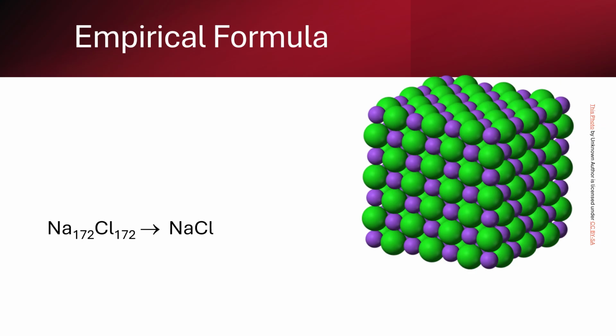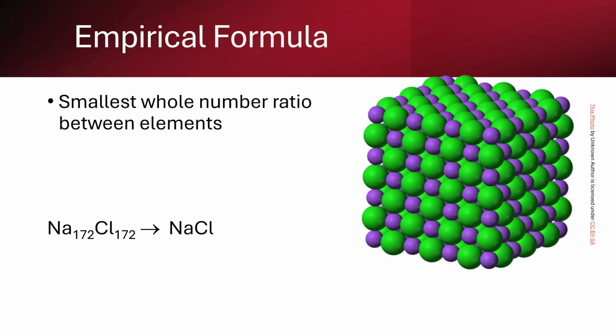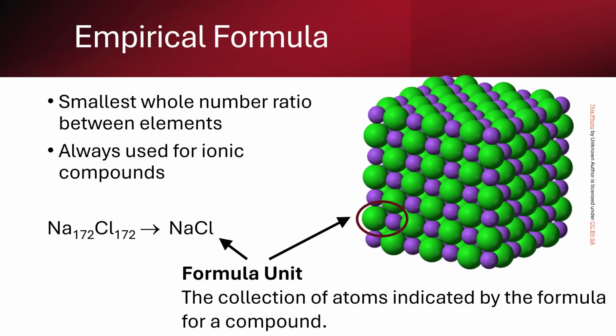So when we go to write its formula, we are going to show the smallest whole number ratio between the metal and the nonmetal ions. We are always going to use that smallest whole number ratio for ionic compounds. That's what we mean by an empirical formula. We always use empiricals for ionics.